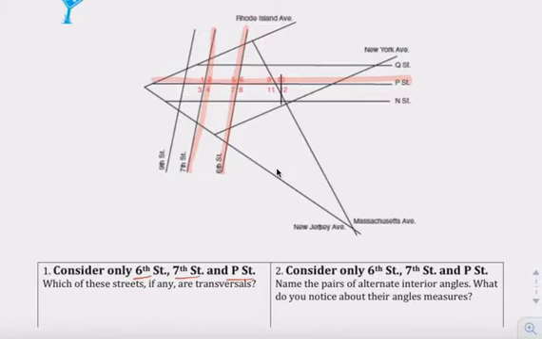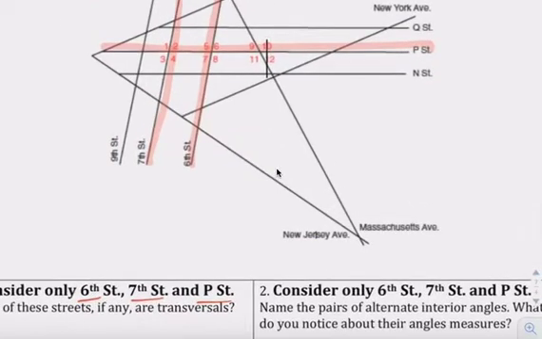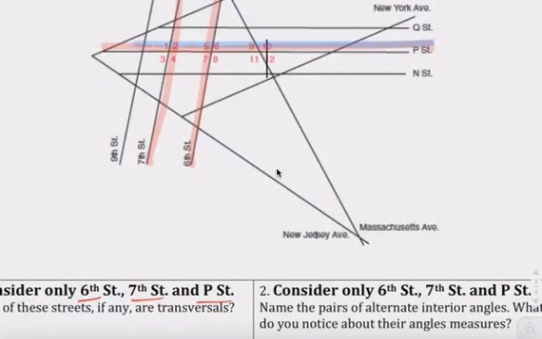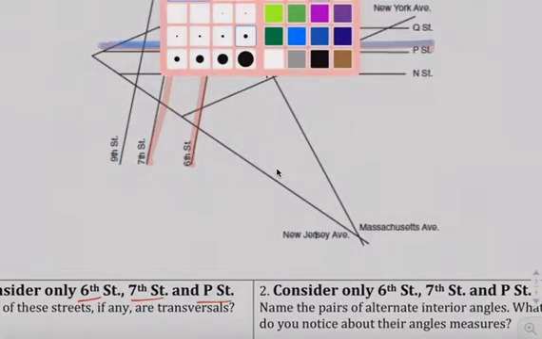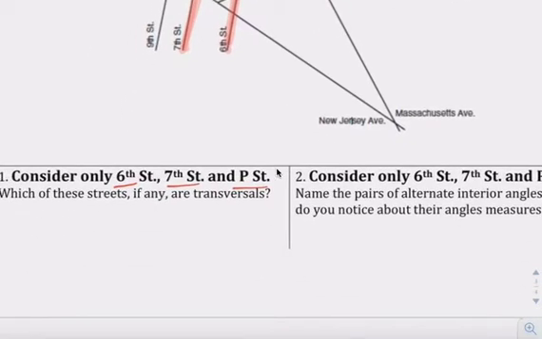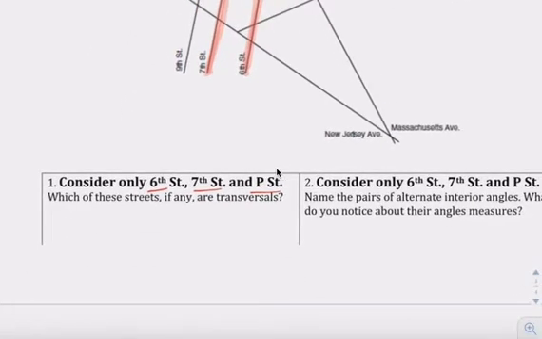Those 3 only. Which of these streets, if any, are transversals? P Street, because P Street intersects 2 other ones. These 2 are parallel, they don't intersect anybody. Okay, P Street.